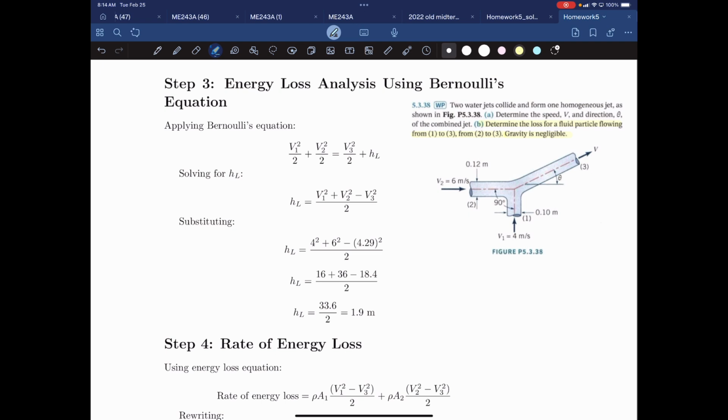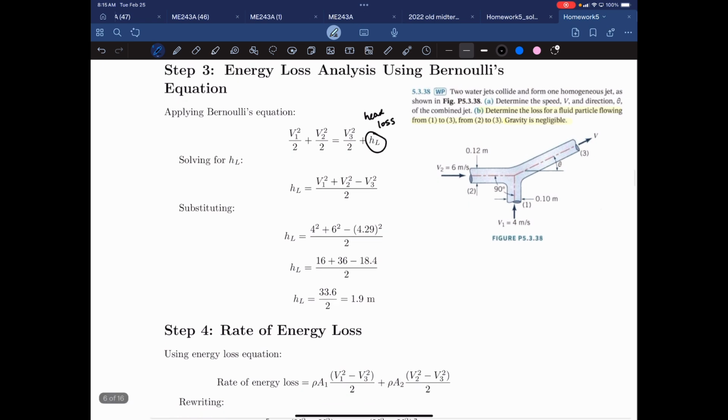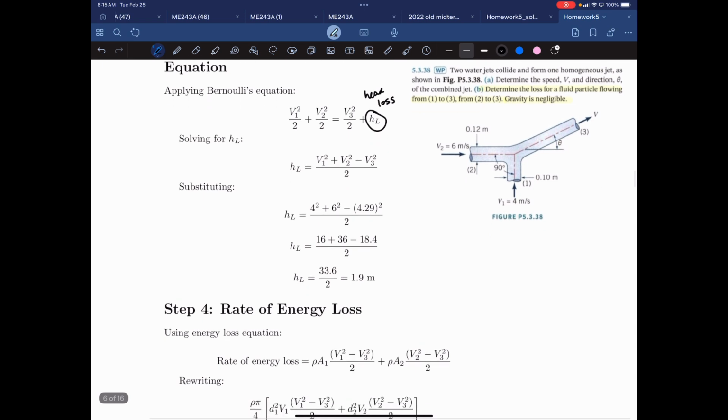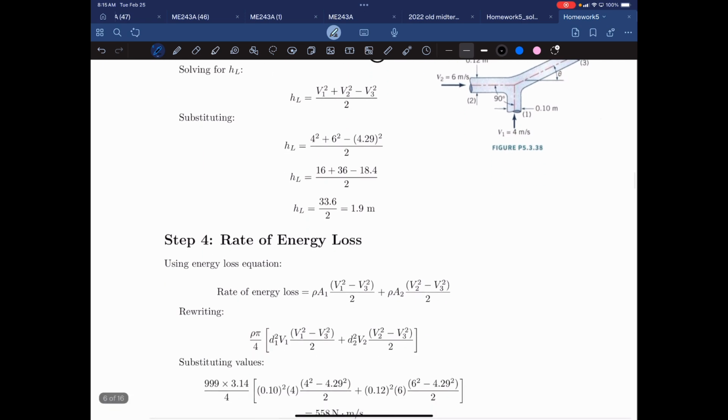Okay. So now HL is the energy loss, so head loss. Okay, so then we isolate and find that it's 1.9 meters. And now we need to use that to determine the actual energy loss.